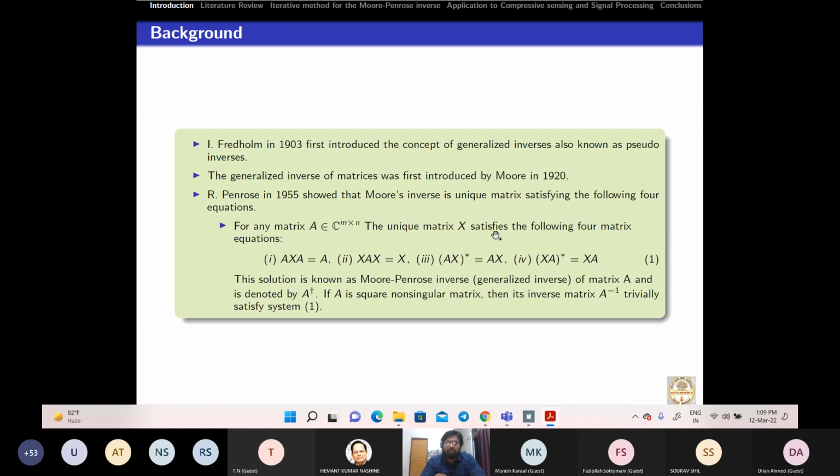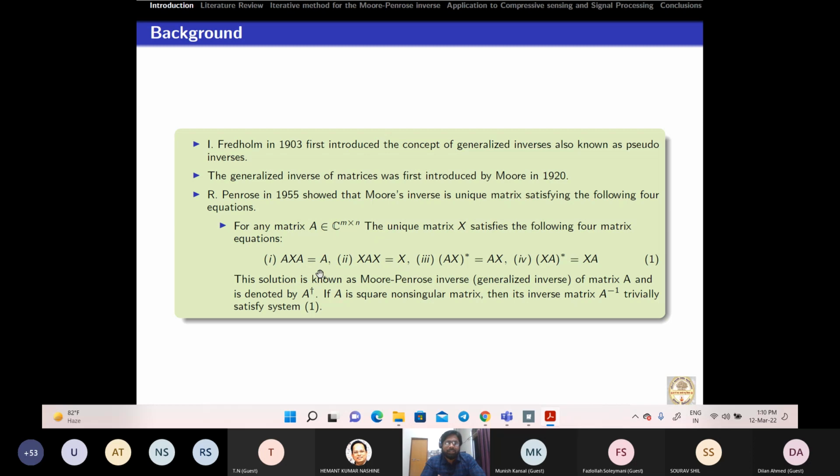So if any matrix X satisfies these four equations, then that matrix X is called the Moore-Penrose inverse of A. You can see that this already includes condition 1, so the Moore-Penrose inverse is already a generalized inverse of A, but additionally it satisfies the other equations. And if you ask me what the Moore-Penrose inverse of an ordinary non-singular matrix is, I will say it is again the regular A inverse, because it also satisfies equation 1.